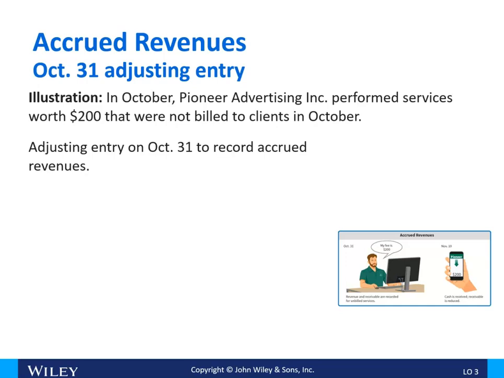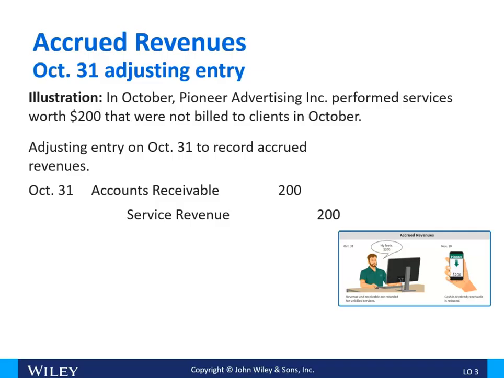So here's an example: Pioneer Advertising. They performed services worth $200 that were not billed to clients in October. What's the adjusting entry? We're going to debit accounts receivable $200, credit service revenue $200. Okay, so the key here is that they performed the services that were not billed.